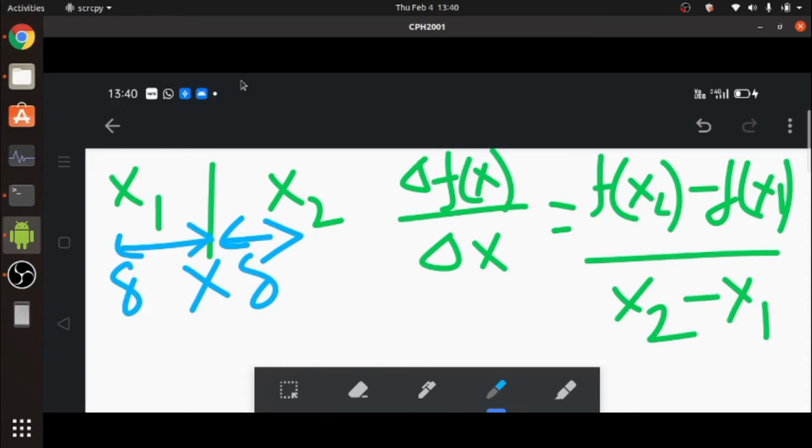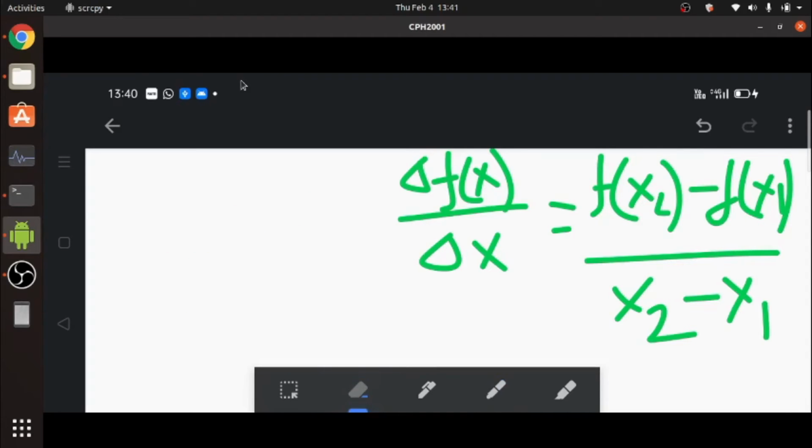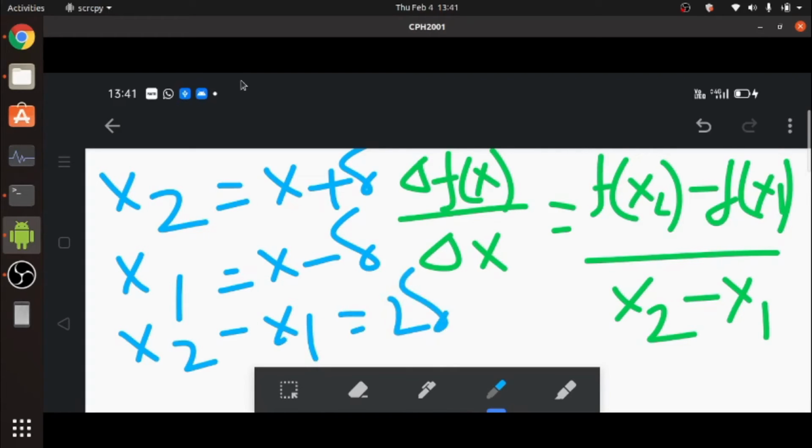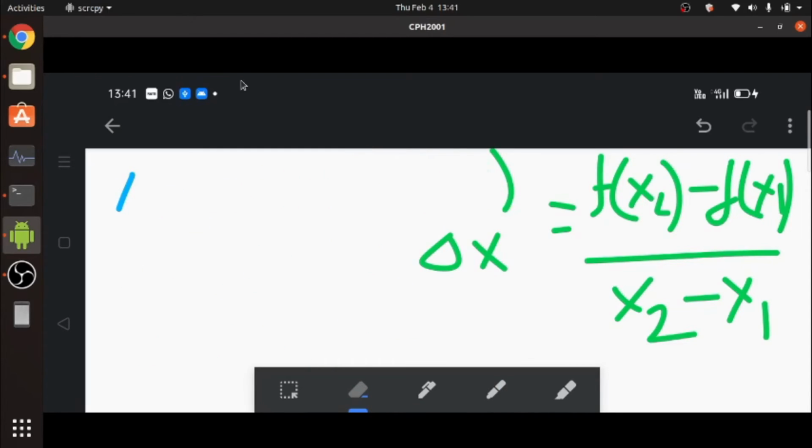After this we can write x2 equal to x plus delta and x1 equal to x minus delta. Correct? So what is x2 minus x1? It is 2 delta. It's pretty simple. We'll put these values into this function and see what it comes out to be.